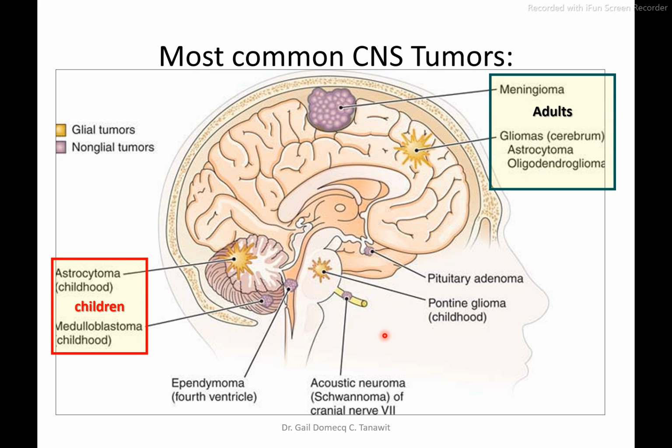So here, meningiomas for adults, gliomas, astrocytoma, and oligodendroglioma. Gliomas in particular, this is an adult lesion.